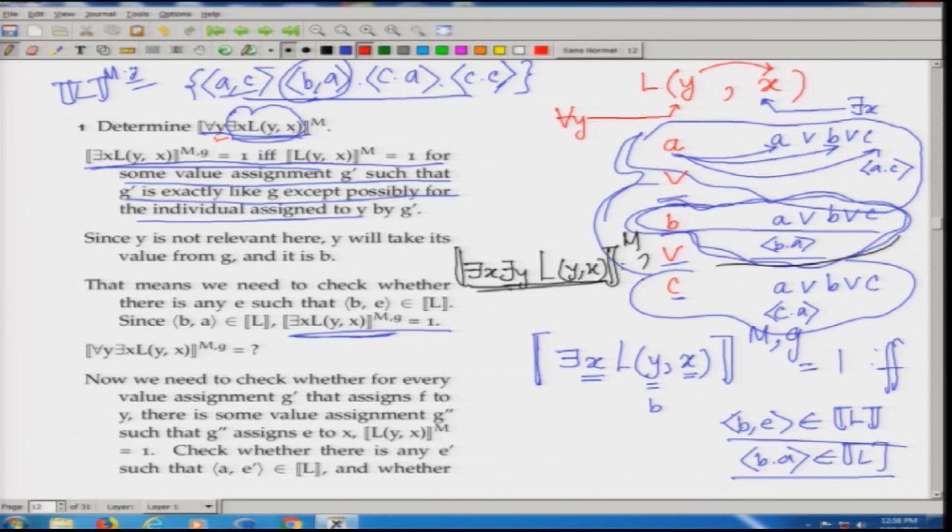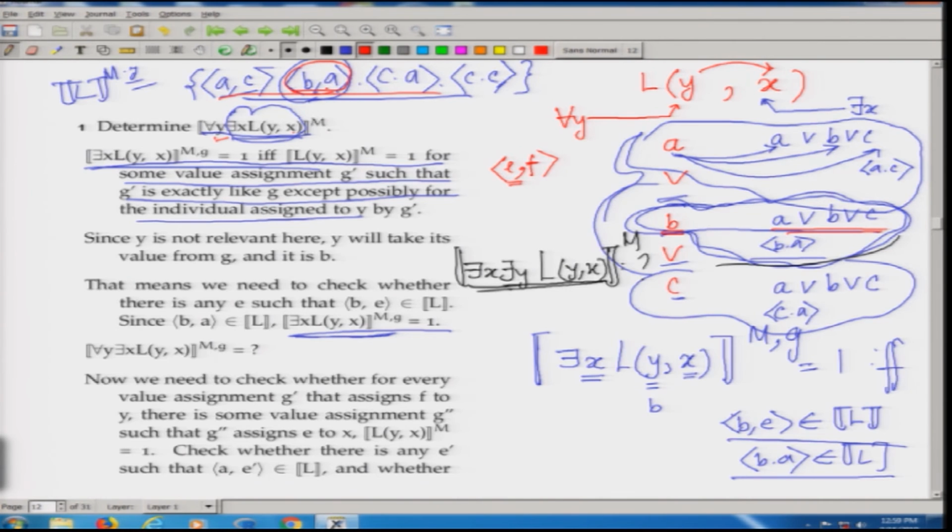You do not have to do the entire calculation, because what is the requirement? The requirement is that at least one should have at least one as a pair. If the general pair is EF, then at least one value of E and one value of F must be such that EF belongs to L. And because it is just at least one value of E, B does satisfy this, because BA is part of it.